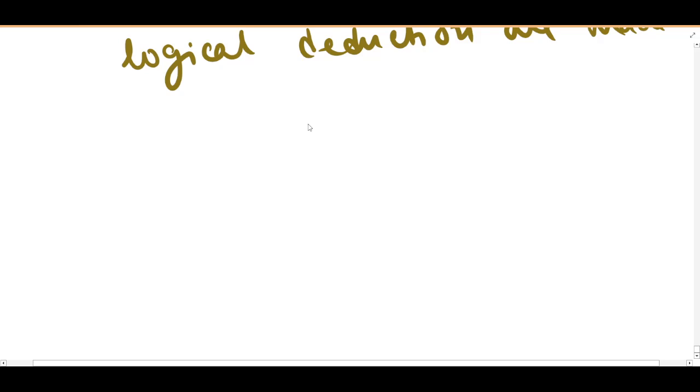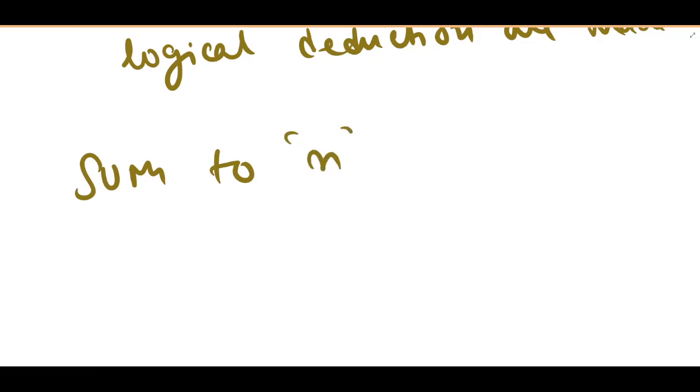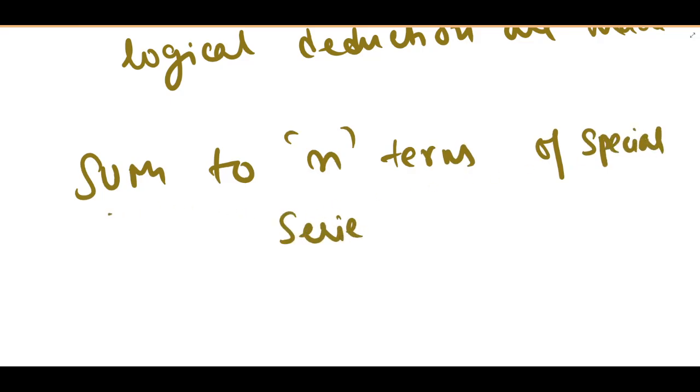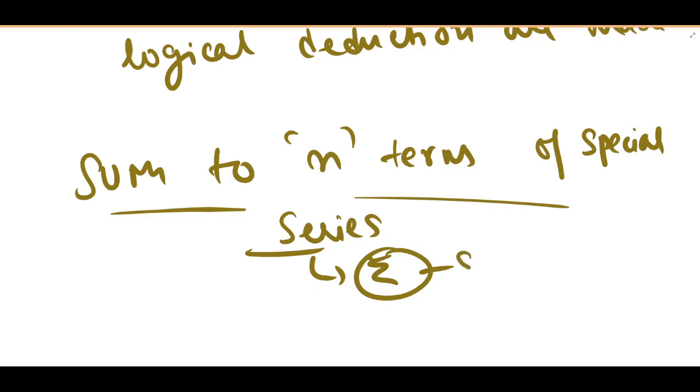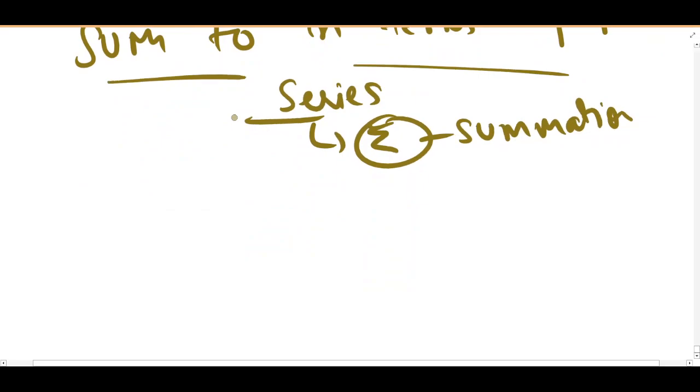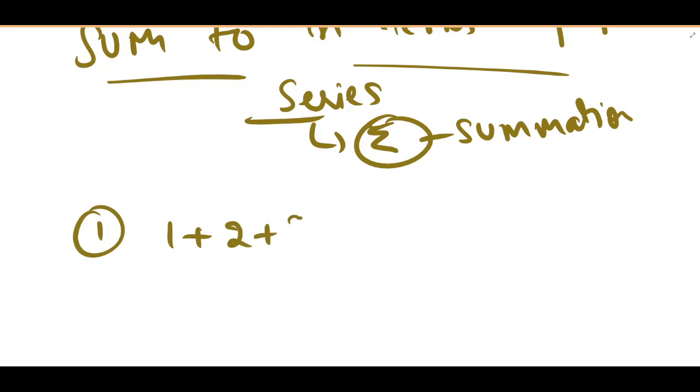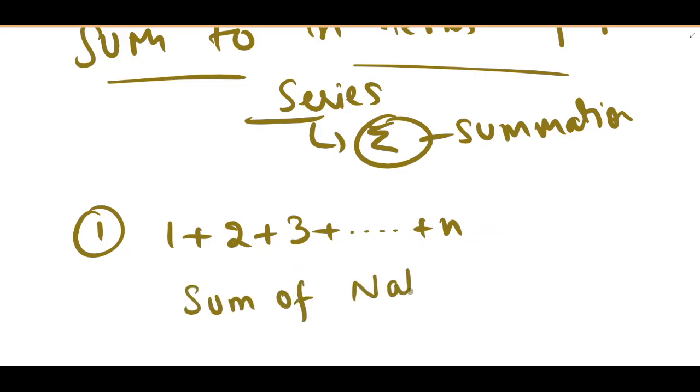Next is the sum to n terms of a special series. Series means summation, sigma. There are 3 types of special series. First is 1 plus 2 plus 3 plus dash dash dash plus n, which is known as the sum of natural numbers.